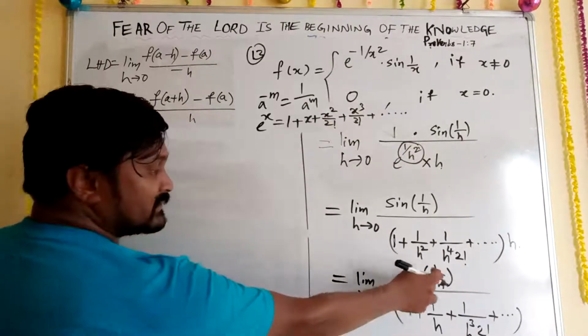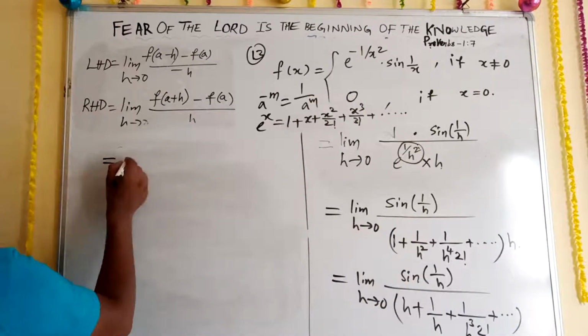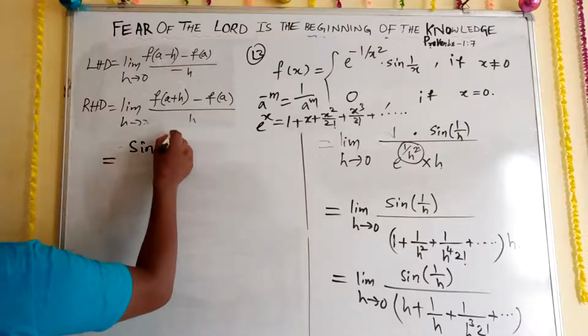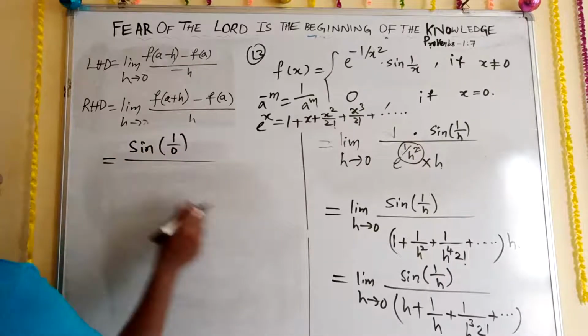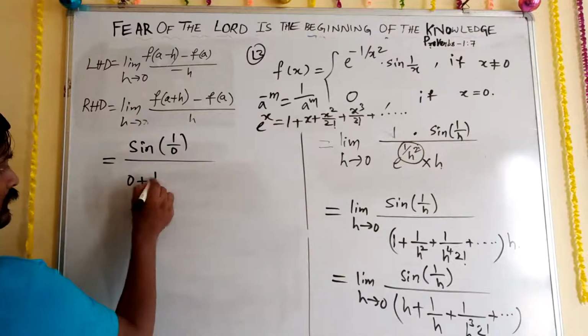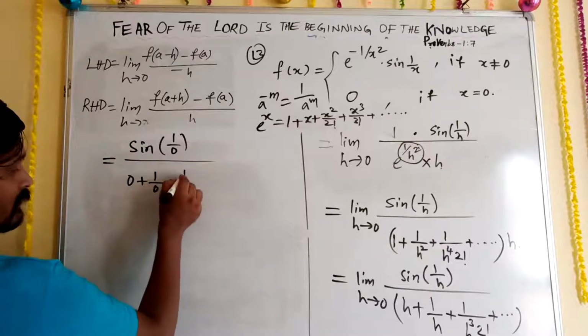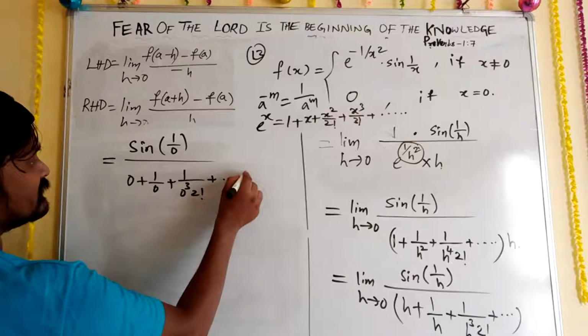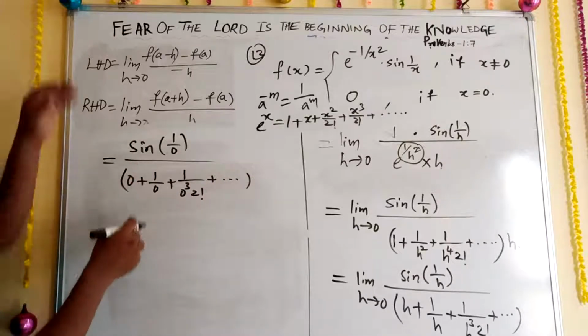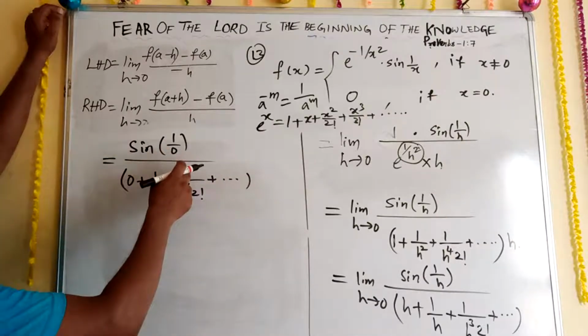Okay. So now I'll go for my part. Wherever h is there, substitute 0. When you substitute, sine 1 upon 0 upon, then here 0 plus 1 upon 0 plus 1 upon 0 into 2 factorial plus and so on. So you already know that 1 upon 0 means infinite.